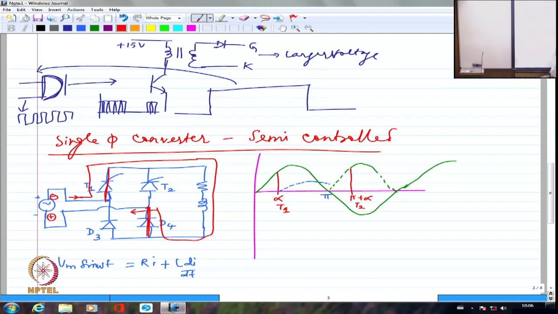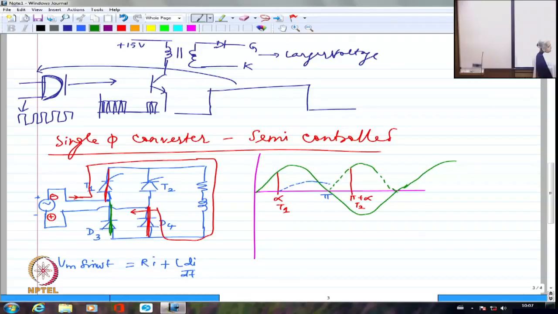The moment D3 starts conducting, now look at this. If D3 is conducting, it becomes a short circuit. D3 jumped into conduction because of D4, because D4 was the one which was instrumental in making D3 forward biased. But the moment D3 gets into conduction, now this is a short circuit. So I can say that this is plus, that plus goes here.